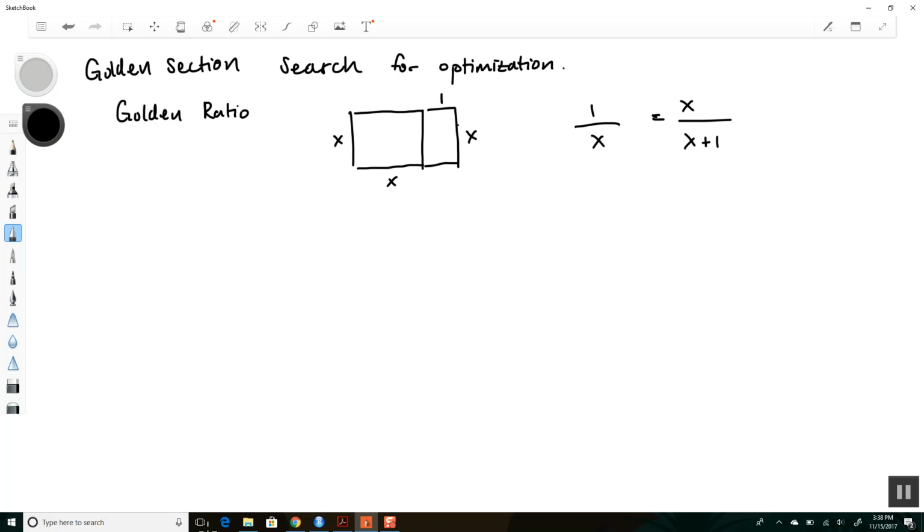Okay, so the ratio between the short and the long edge of this rectangle is the same ratio as the short and long edge of this rectangle here. Okay.